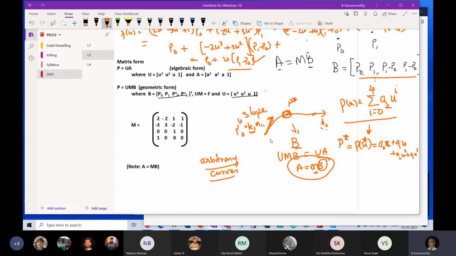Remember, we had said that the curve can be seen as a mapping from the parametric space to the Cartesian space. So this point corresponds to u equal to 0. This point corresponds to u equals 1. Same ways, you must also say what value of u does this point correspond to.